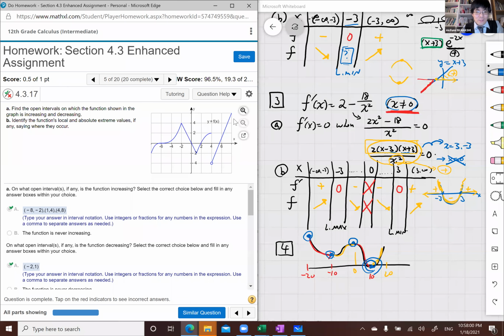And 4 through 8 is also increasing. So you have 3 different intervals where the function is increasing. The function is decreasing between -2 through 1.